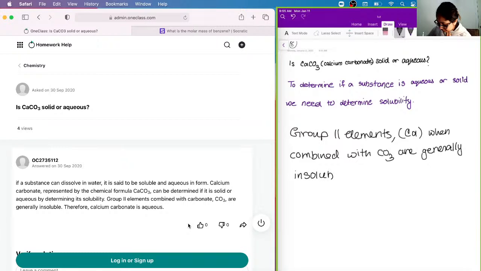So if it's insoluble, we know that this is not aqueous because it does not dissolve in water. And so you can say that, therefore, calcium carbonate is a solid.